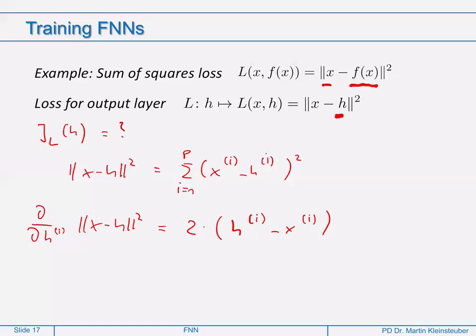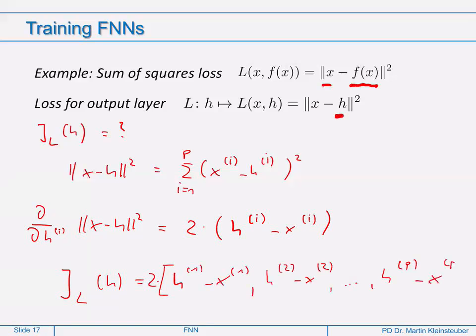So the Jacobi matrix here, JL, also has a very simple form. Namely, it's nothing else than 2 times h1 minus x1, h2 minus x2, and so on until hp minus xp.